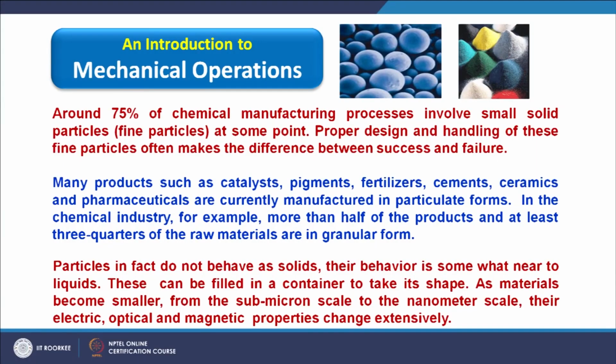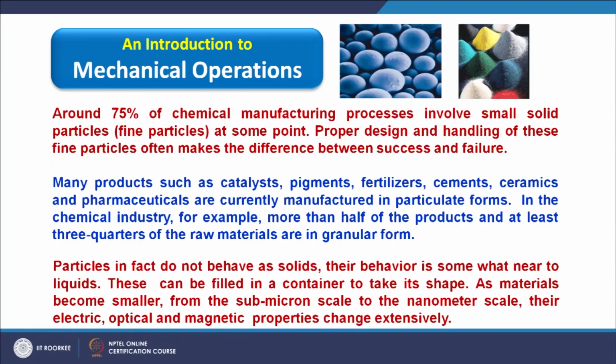Therefore, as materials become smaller from submicron scale to nano scale, their electric, optical and magnetic properties change extensively. Now, this is the reason why I have said that the success and failure of a product is dependent on the fine particle, because when we change the particle size, the property of the particle changes, and their behavior changes.